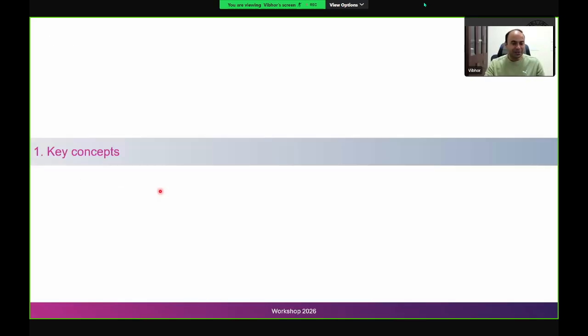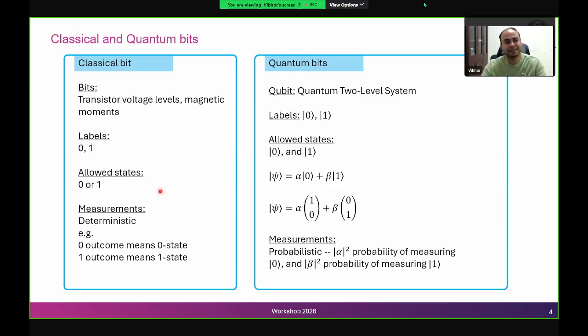To begin with the key concepts, I'm sure most of you would be familiar with what classical bits are. In traditional computing, you can follow Boolean algebra and carry out certain tasks. Physically, these bits are realized by voltage levels in a transistor, or they could be magnetic moments.